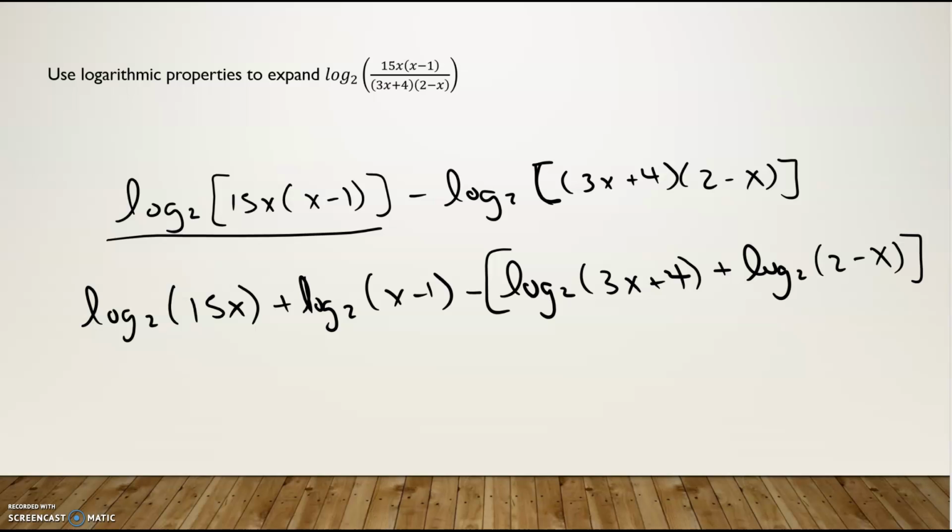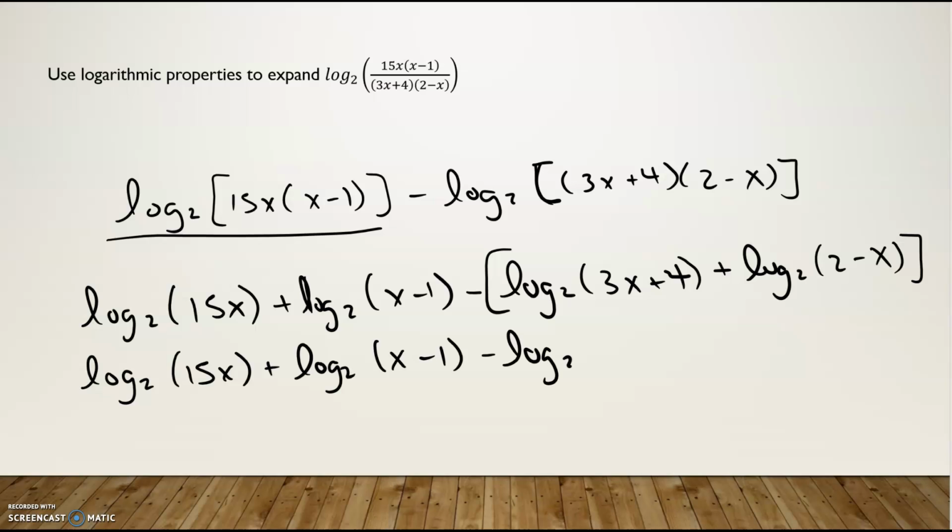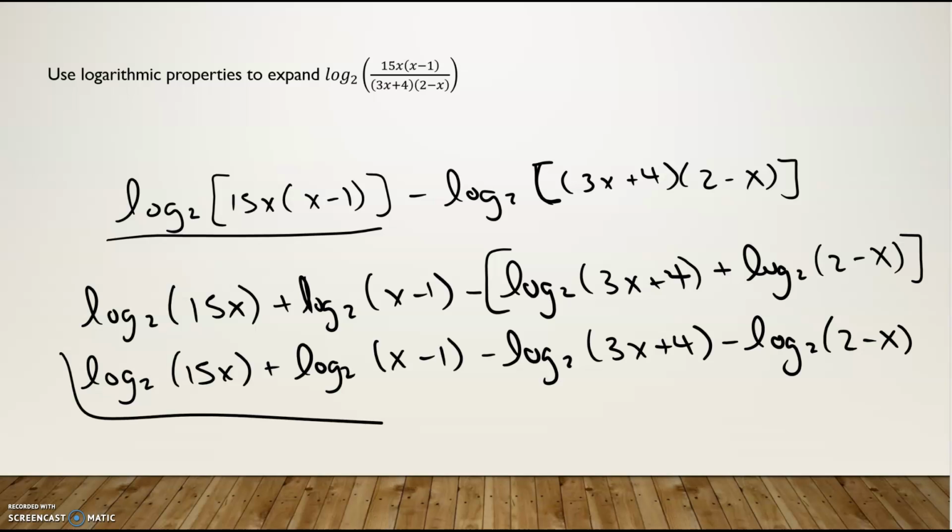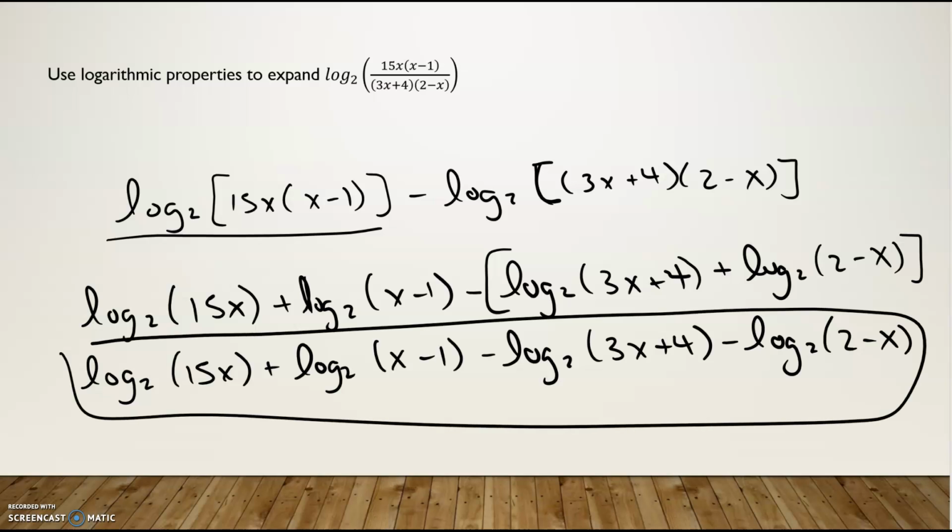Okay, now I have to distribute this negative to both of those. So we have log base 2 of 15x plus log base 2 of x minus 1 minus log base 2 of 3x plus 4 minus log base 2 of 2 minus x. So this is the expanded version of this right here.